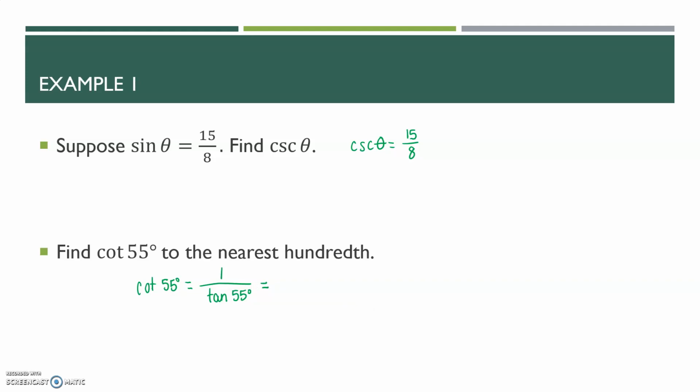So when I do that, I get negative 45.183. All right, so when I divide 1 by that, I would get negative 0.022.